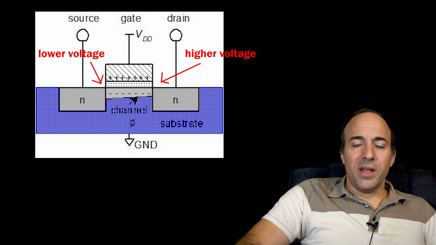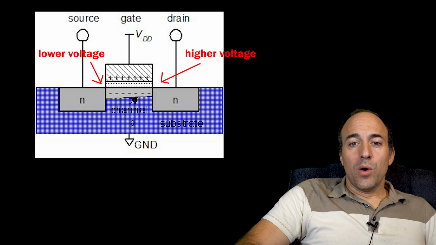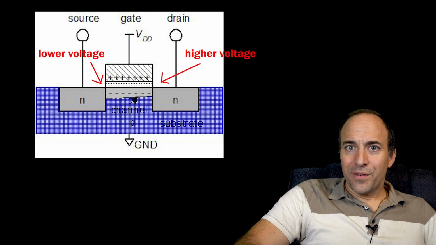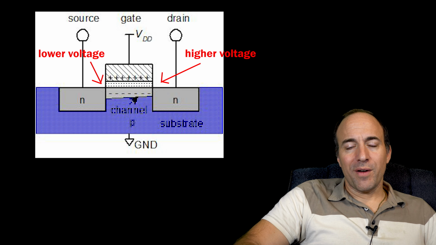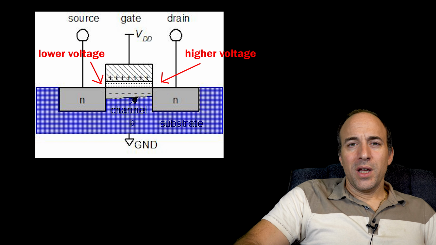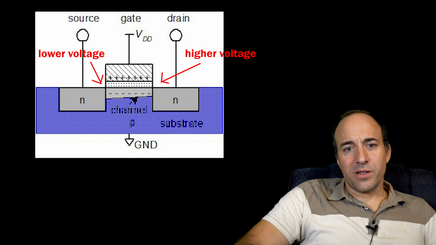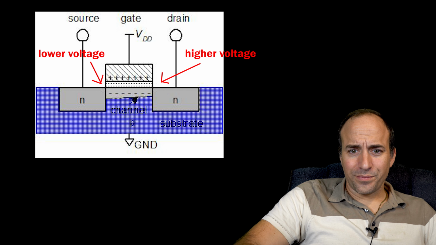Otherwise, the higher voltage of the source and drain will pinch off the capacitive effect. The voltage of the channel will effectively rise and close off the voltage potential with the gate. And this will cause loss of charge carriers in the channel.